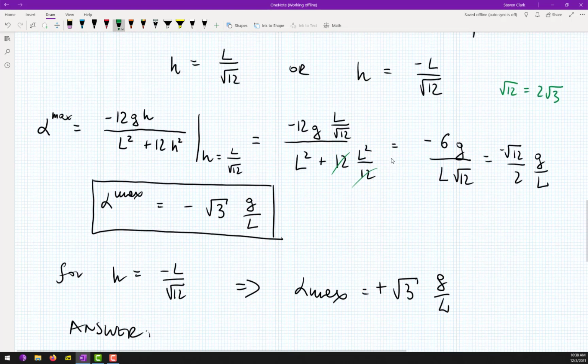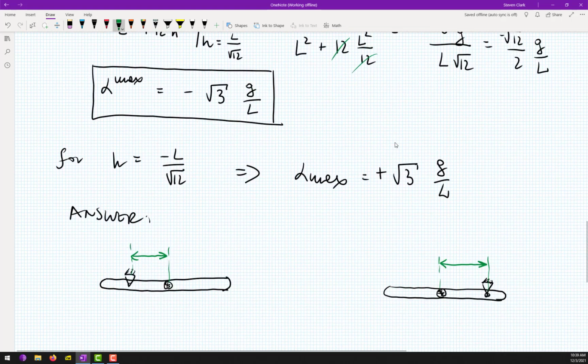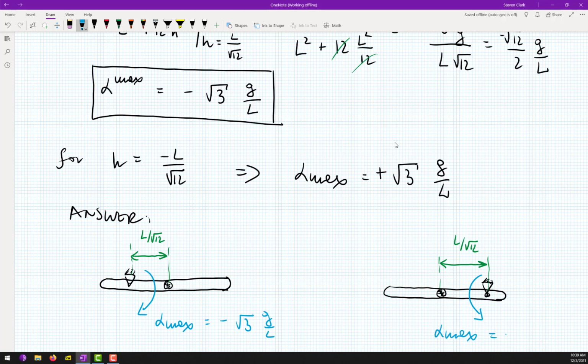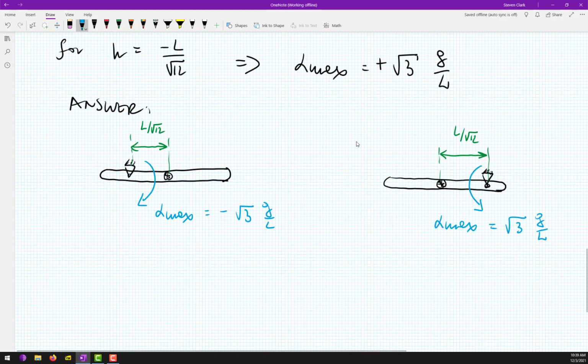And I forgot how much the distance was. L divided by square root of 12, L divided by square root of 12. However, in here we obtained alpha max negative, minus square root of 3 g over L, and in here exactly the same value but positive. But that was expected, because our system is symmetric. Okay, that's the end of the problem.